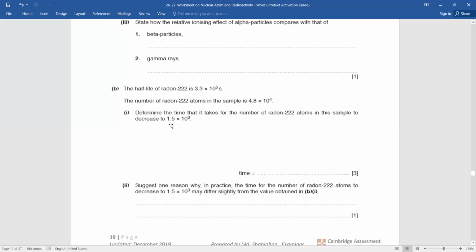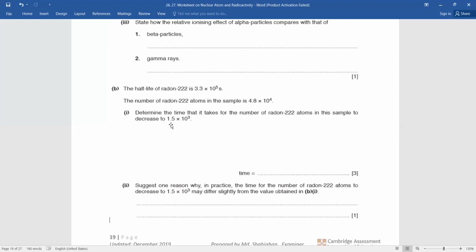How many times is it? 32. Then how many half-lives are there? Then we'll multiply this number with 3.3 into 10 to the power 5.